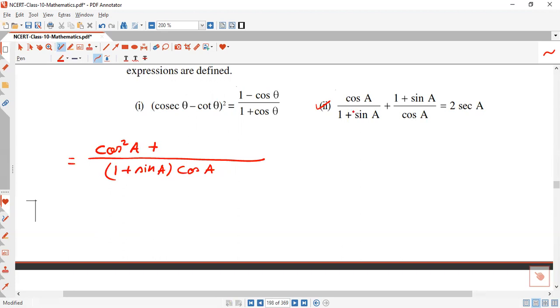Plus, the second term is also multiplied with the LCM. Cos A cancels out, and we are getting 1 plus sine A whole square.